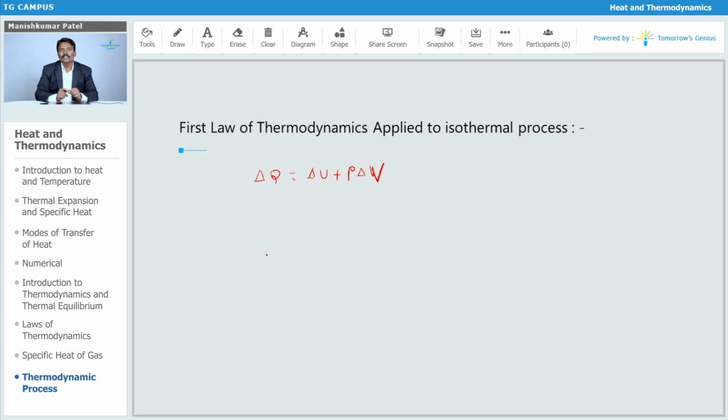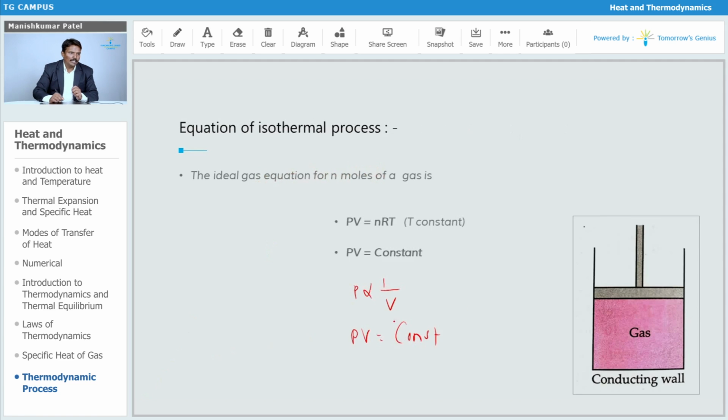Part of the heat we are going to utilize to increase its internal energy, that is delta U. Again, part of the heat we utilize to do some work. The work is done by the gas on the piston, and the piston will move in the upward direction through, let's say, the distance dx.